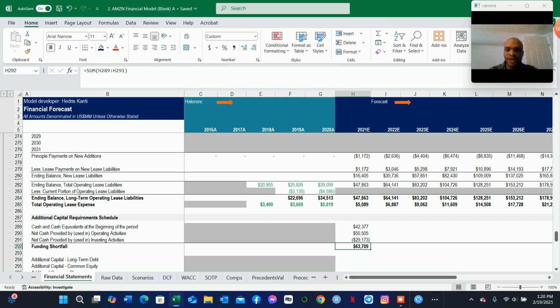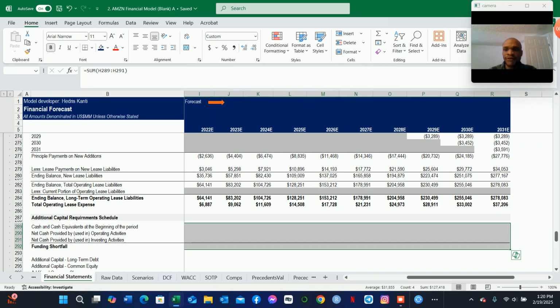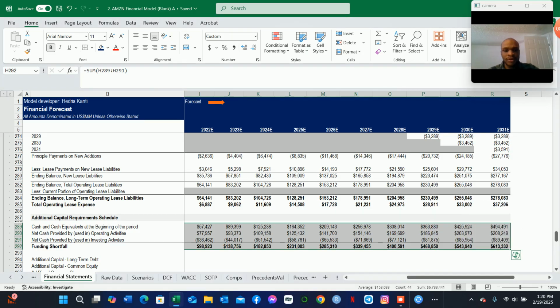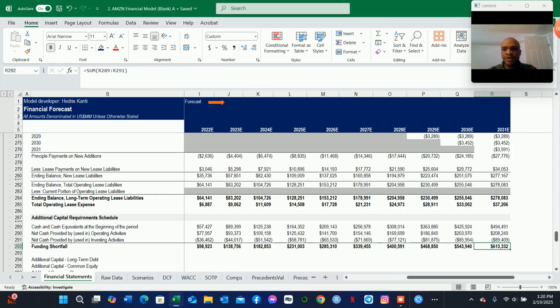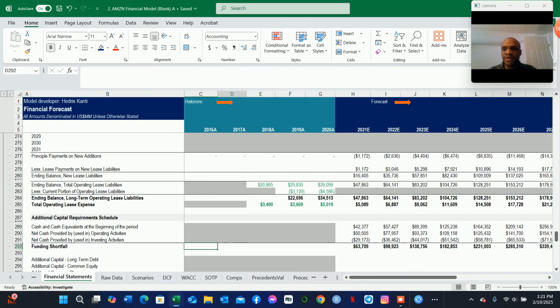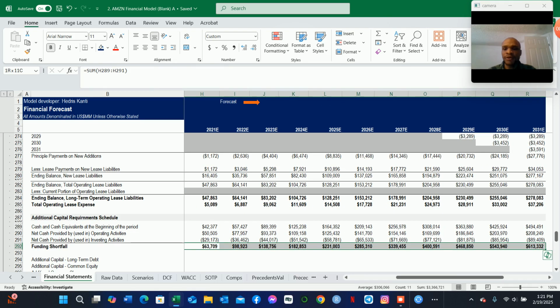As you can see, we have a balance of approximately $63 billion. Since we know there will not be any funding shortfall, we're just going to fill this all the way to the end of the projected period. And as you can see, it keeps increasing to the end of 2031 to approximately $613 billion. So Amazon will not be requiring any funding based on this analysis.